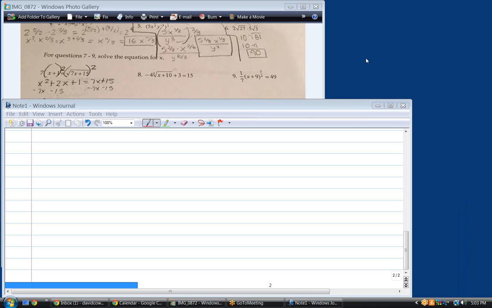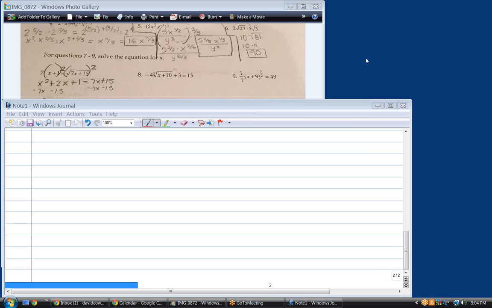Okay, whenever we have a radical sign in an equation, our goal is to isolate the radical sign. That's the first step. So what can I do to isolate that cube root of x plus 10? So you take the cube root of that? Well, let's isolate it first.